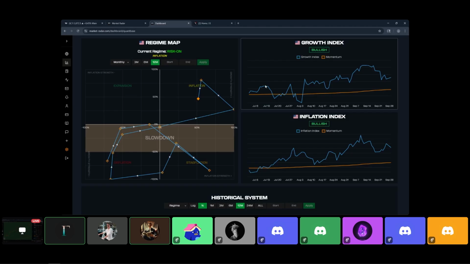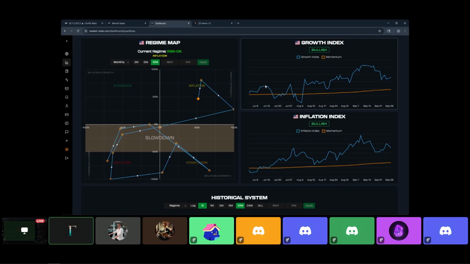So these give us a first layer approach to where the macro impulses are going, and then based on these outputs, we rank inflation, expansion, deflation, stagflation. We quantify them into two simple risk buckets: either risk on, risk off, right?